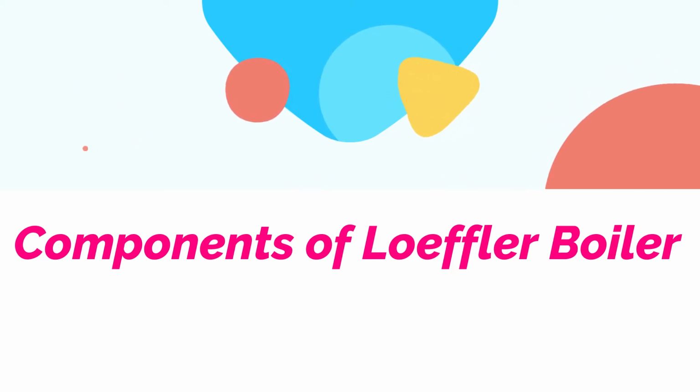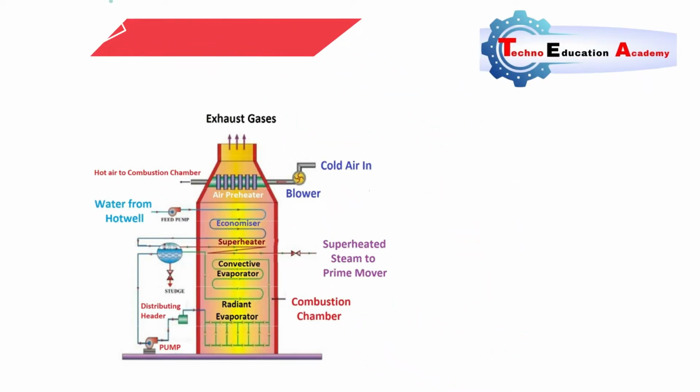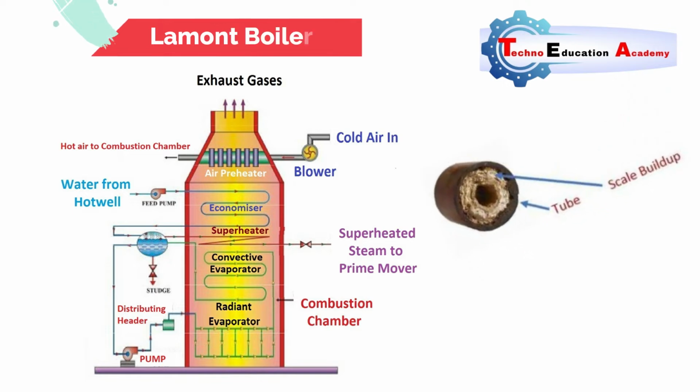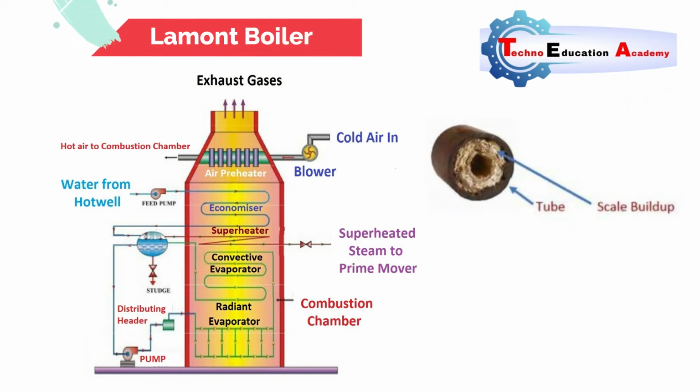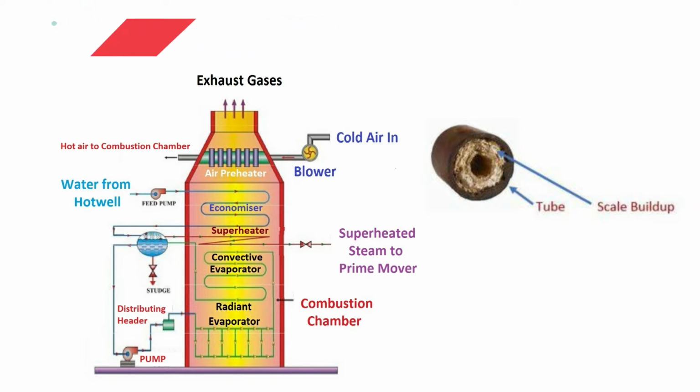The major difficulty experienced in the La-Mont boiler is the deposition of salt and sediment on the inner surface of the water tubes. The deposition reduces the heat transfer and ultimately the generating capacity of the boiler. This further increases the danger of overheating the tubes due to salt deposition, as it has a high thermal resistance.